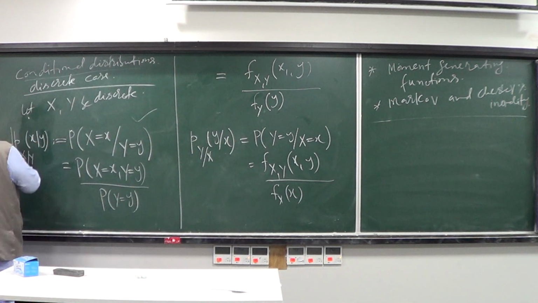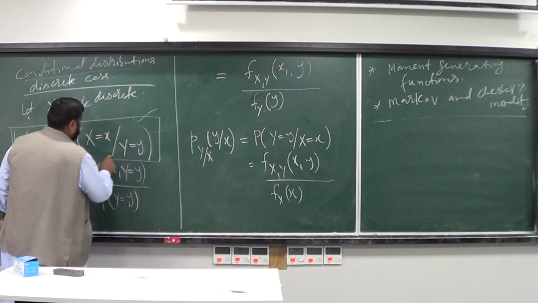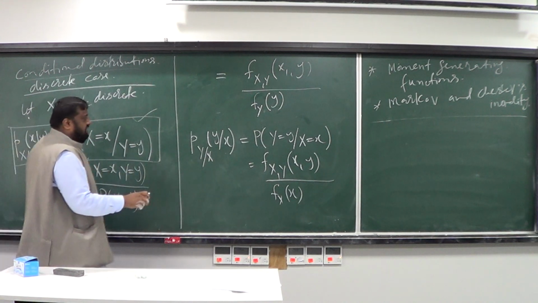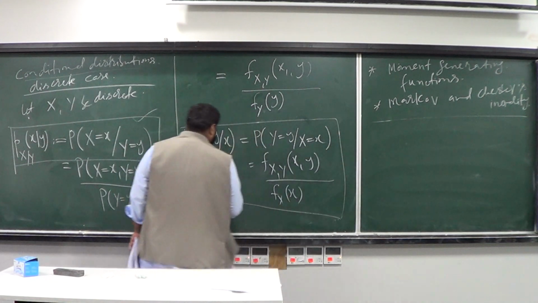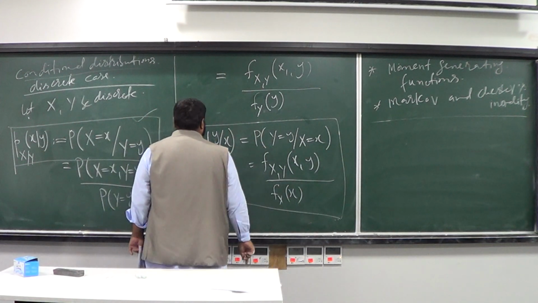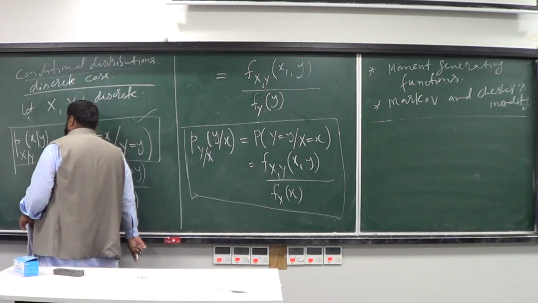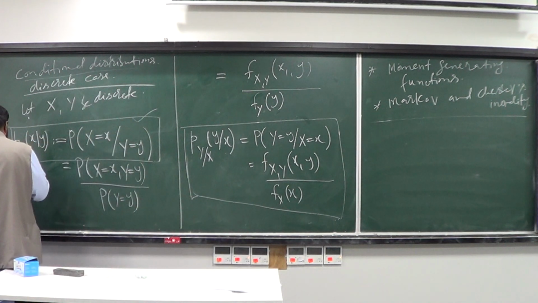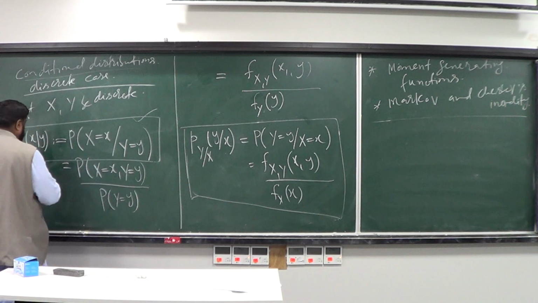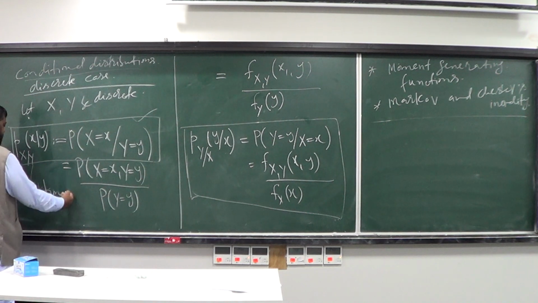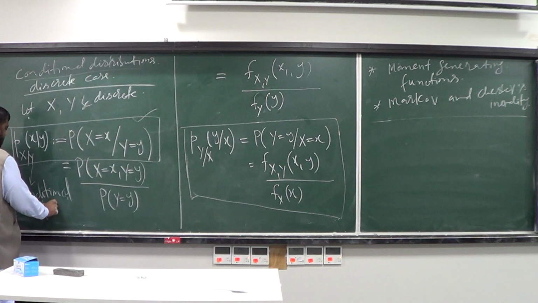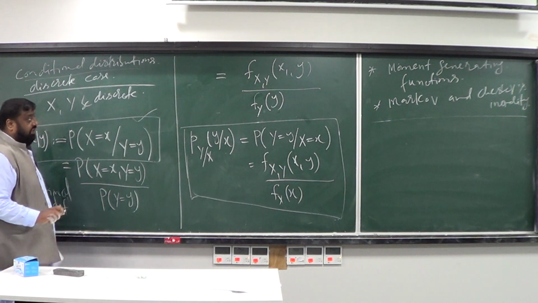So these two are the explicit formulas to compute the conditional probability distribution. You can call them the conditional PDF.